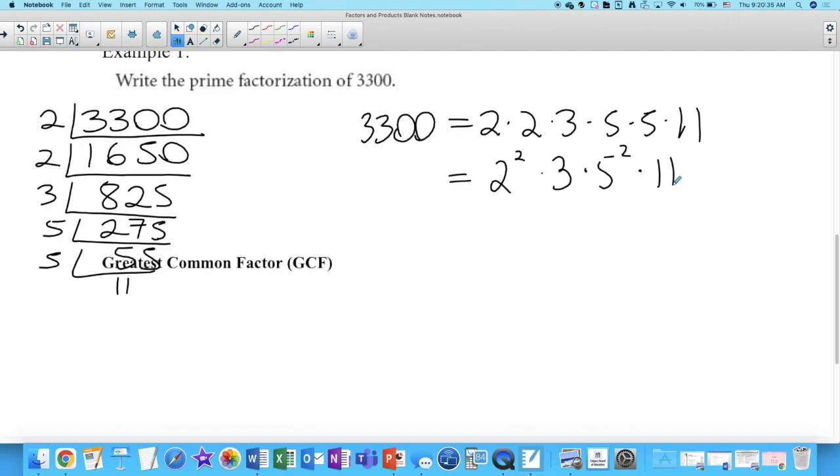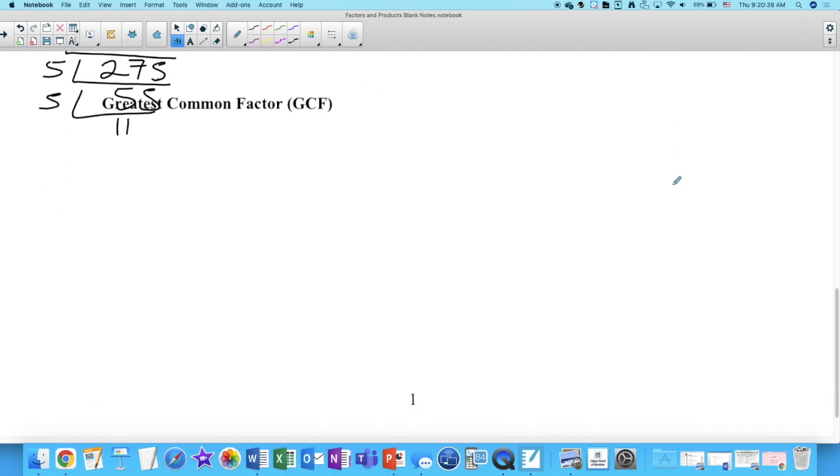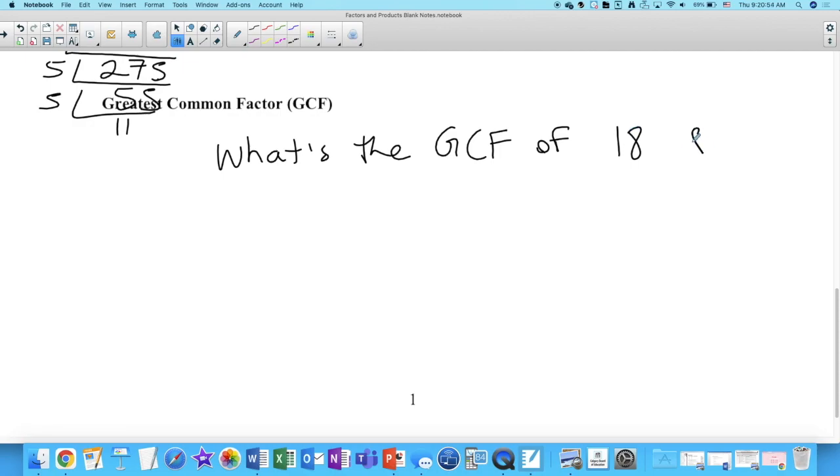If I asked you for the greatest common factor of, let's say, 18 and 45. What does that mean? What number am I looking for?